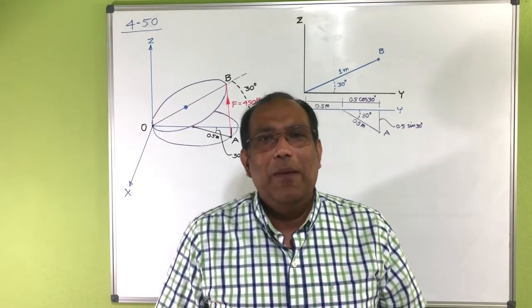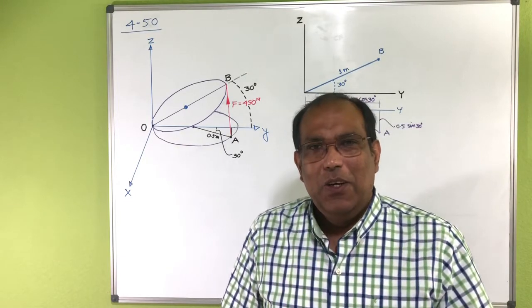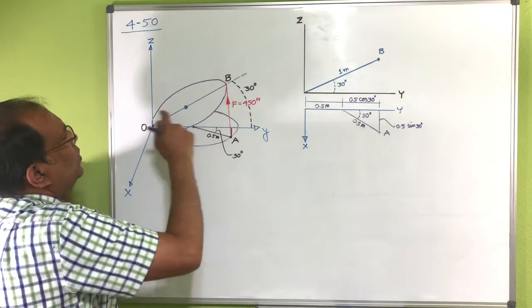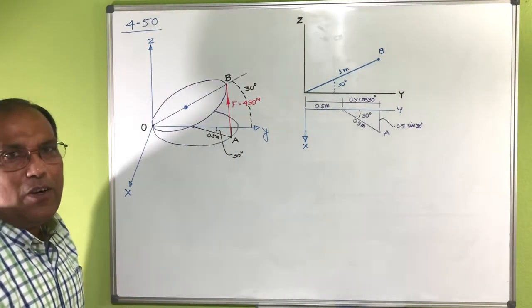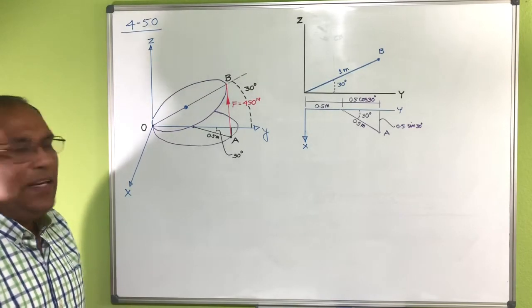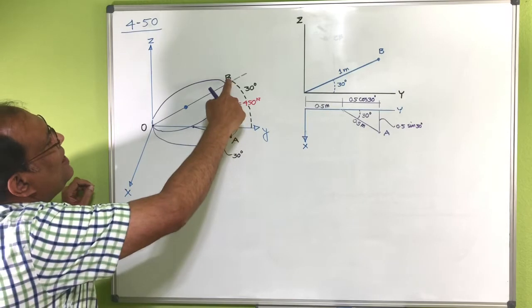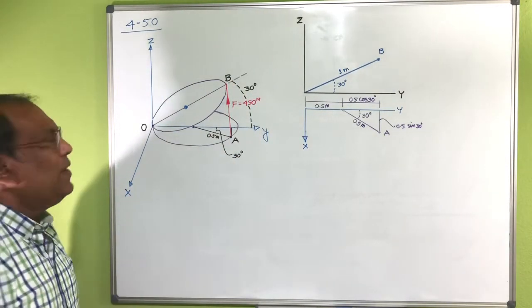Now I'm going to show you problem number 4-50. What this one is saying is that there is a manhole which is 1 meter diameter, or 0.5 meter radius, opened from the horizontal 30 degrees up, okay?